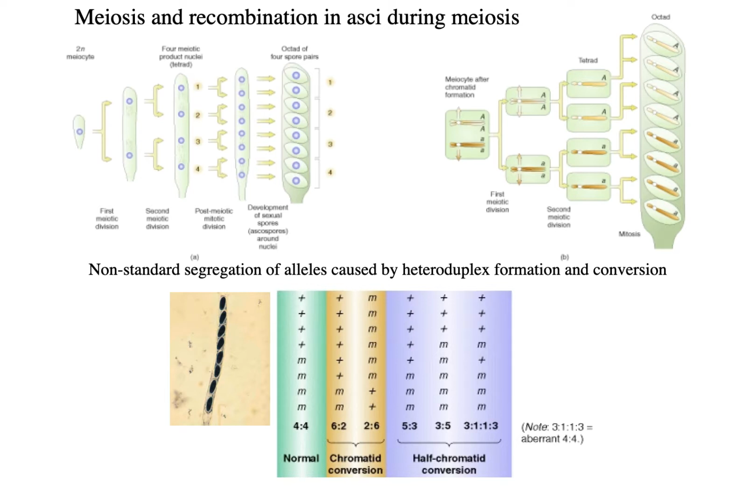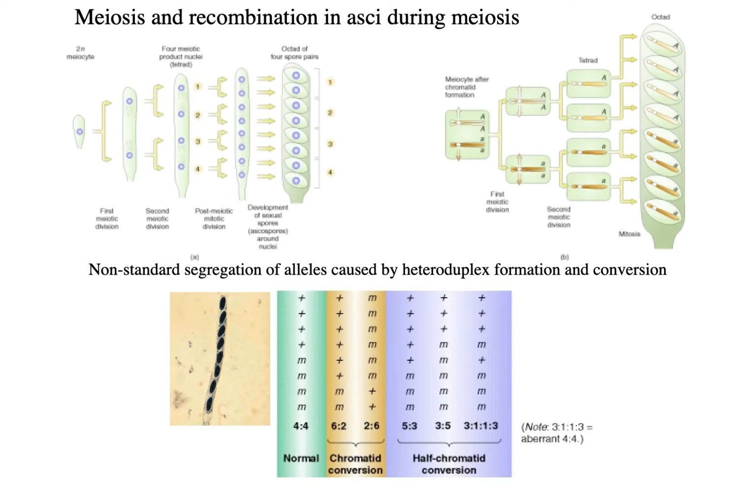And in about equal numbers of times, the repair mechanisms would go in there and correct any of those base pairs where they weren't common base pairs, where there were mutations. But in some cases, it would repair one strand more than the other strand. So instead of getting a 4-4 segregation, you would get different proportions of segregation of those two alleles, primarily because of conversion of those strands to the other type by using the other strand as the template.